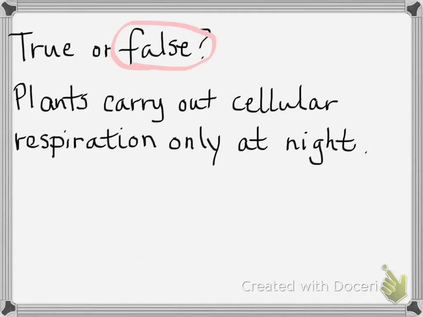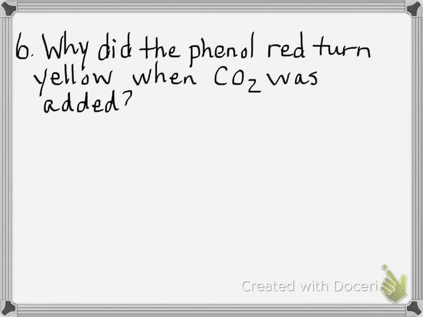If you stop respiring, you die. So this is false because plants respire all the time. Every day, every minute, every second, they're respiring. Okay, now this particular question, please turn to page 74.